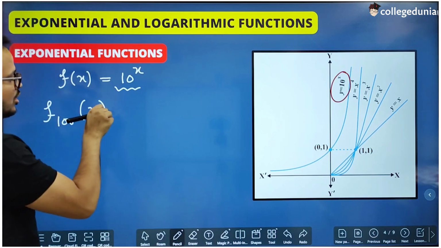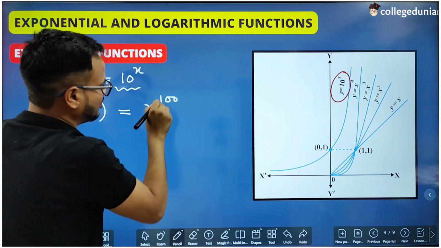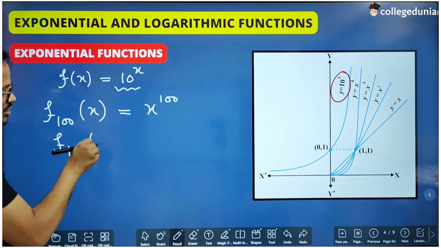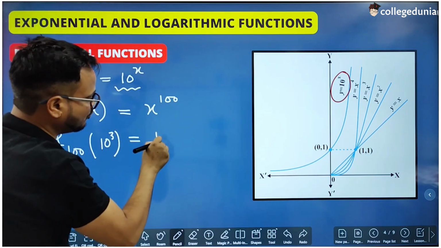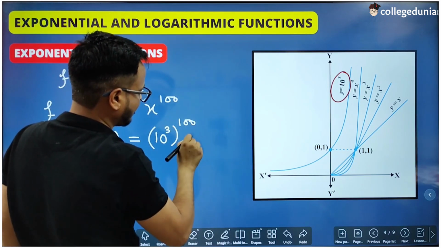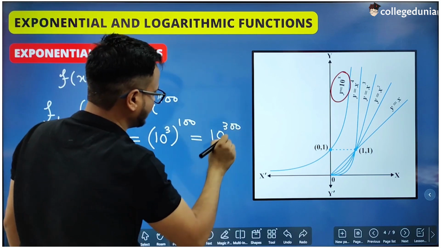Let us say, what is f of x equal to x raised to power 100? Now if we find the value of this function at say x equal to 1000, then we are going to get 1000 raised to power 100, which is 10 raised to power 300.